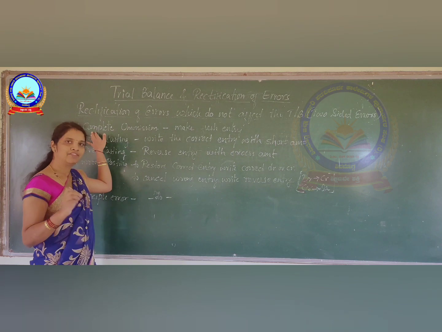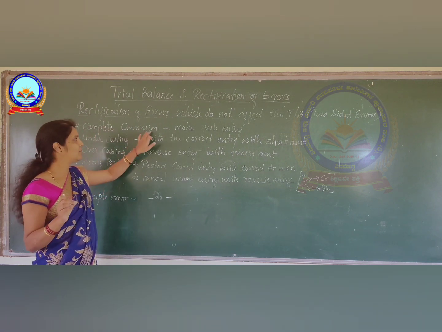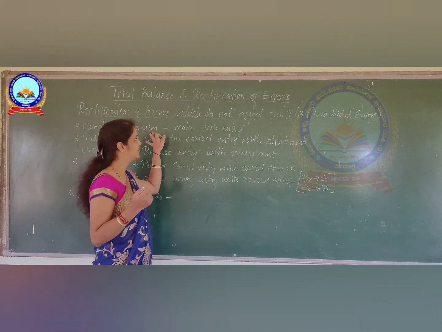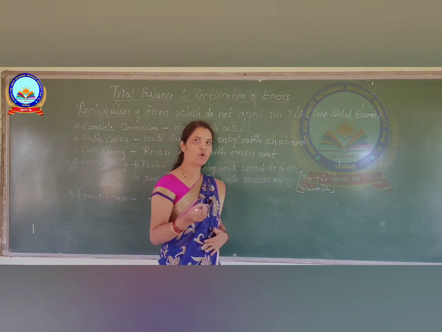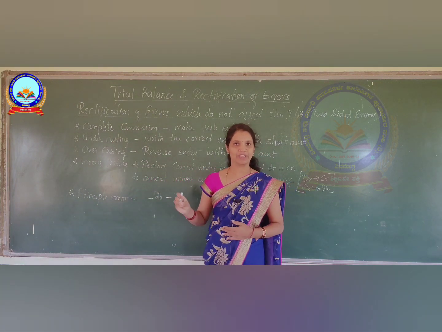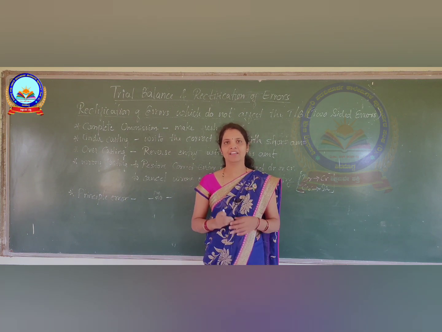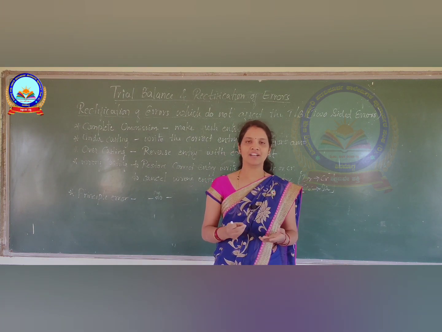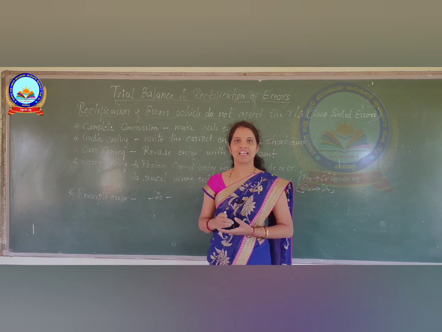If we have omitted a complete entry, that is, for complete omission, how to rectify this error? Make a fresh entry. If we omitted any transaction to be recorded in the journal, then it's simple. Which transaction is omitted? Write a fresh entry for such a transaction.